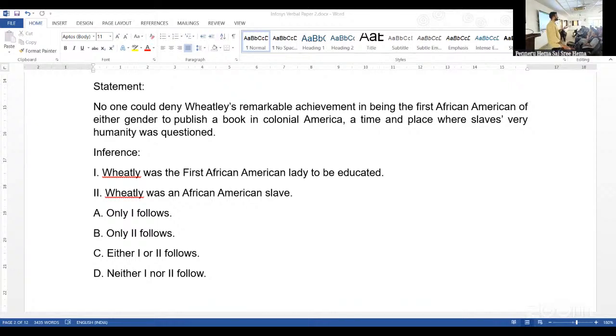What is an inference? Inference is also a kind of conclusion that something must be true. So must be true is the word here. If you are asked to find an inference of the argument, you must find an item that must be true based on the information presented in the argument. As simple as that, right? If you want to derive an inference, you cannot assume something and you cannot decide.